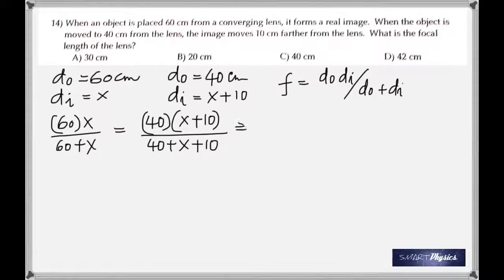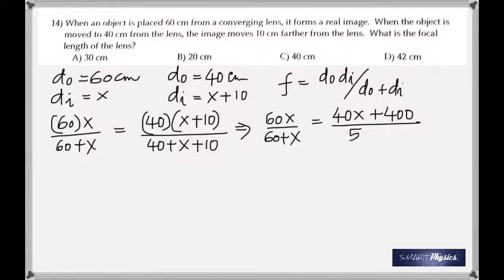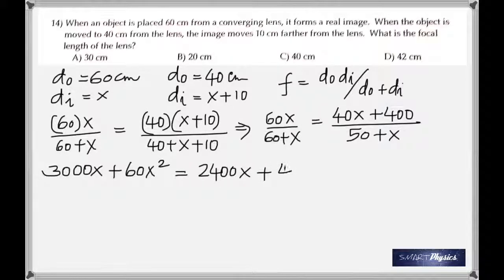Now it's a matter of rearranging this, cross multiplying, and when that is done carefully, you're going to get a quadratic equation. You need to carefully look at how the cross multiplication is done. If the video is running too fast, please pause it and look at it.